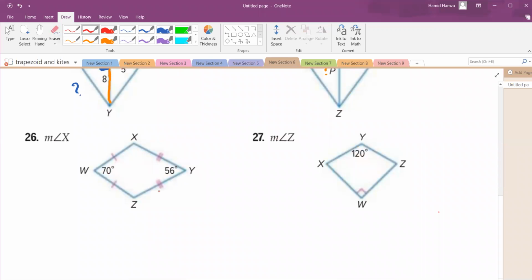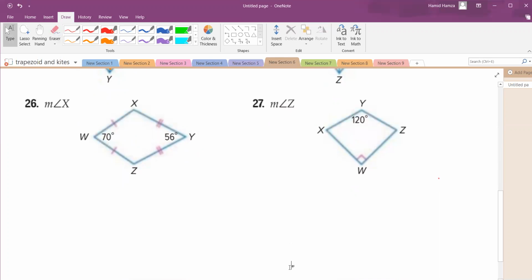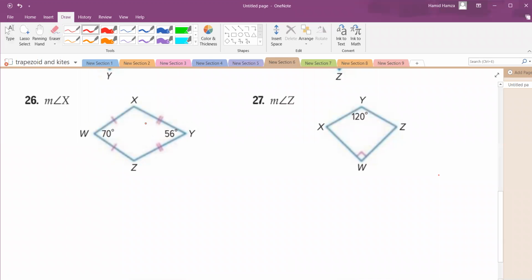So we will go back again to the angles. Where are the opposite angles, guys? We have two opposite angles and they are congruent. These other opposite angles are not congruent, that means X and Z are congruent. If you want to find both of them, subtract the given angles from 360 and divide by 2.